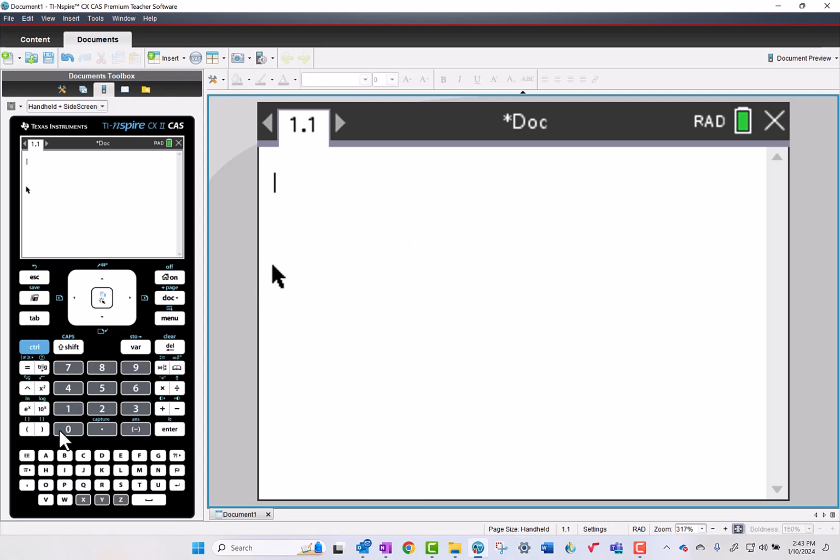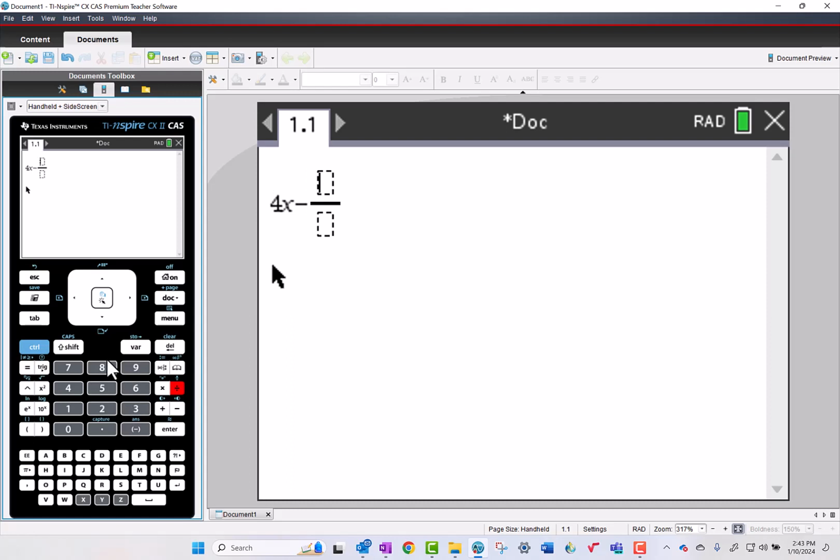The function is 4x minus, and I like having a fraction in there, 1/2 x squared. You could use a decimal if you want to, it's fine. I'm going to store it as f of x, just because it was called f of x, so I'll keep with that. Okay, enter.